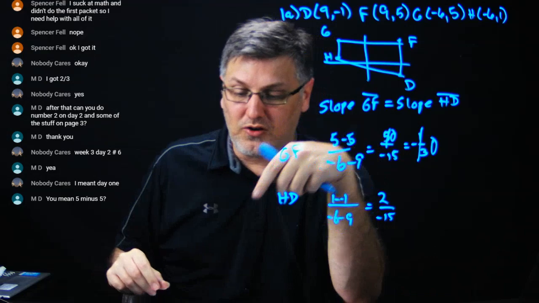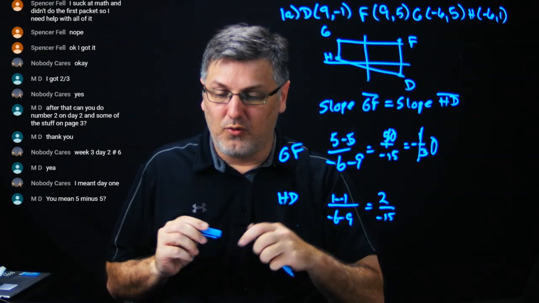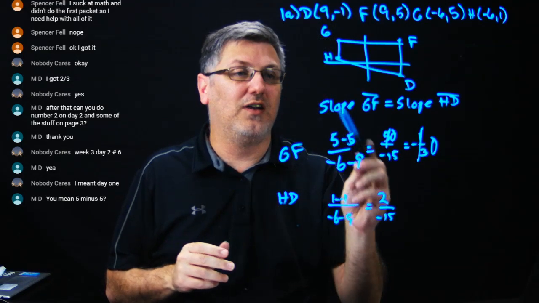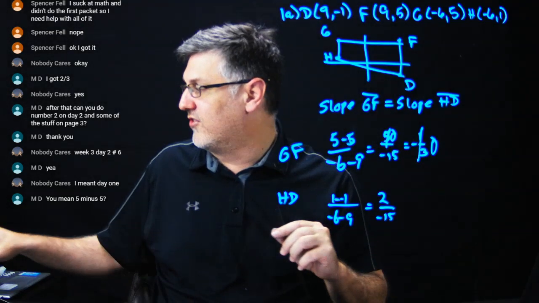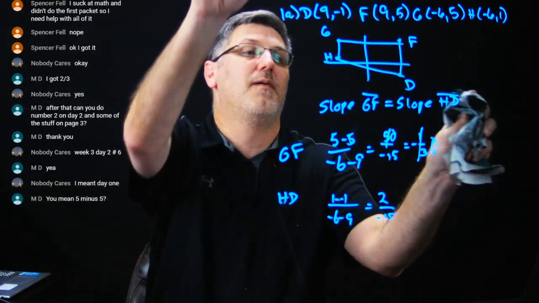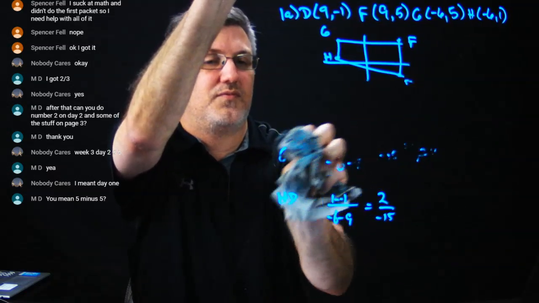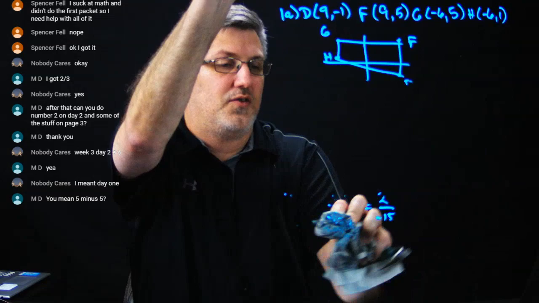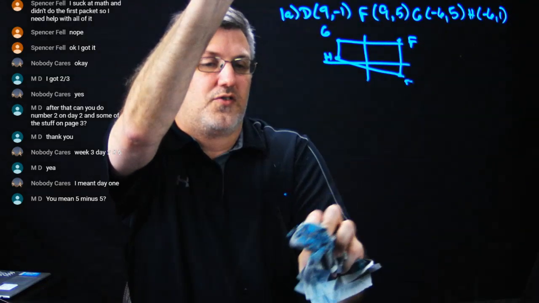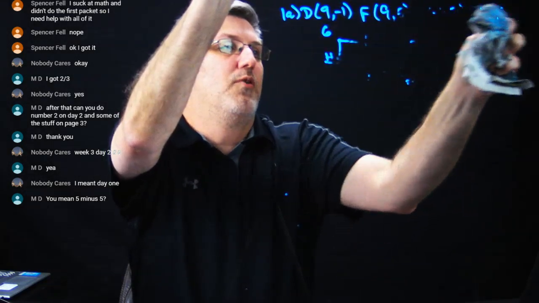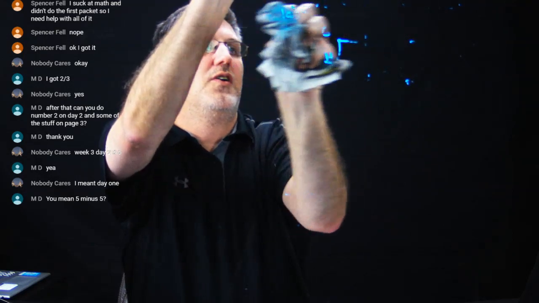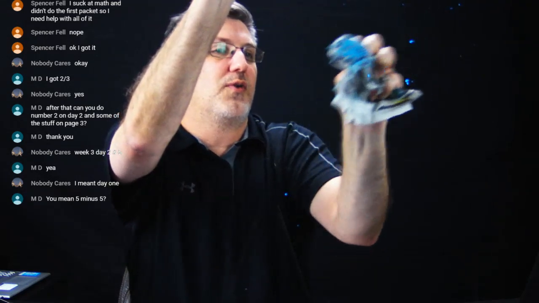rectangle. Now, if you look at the example, the one I give you is an actual example, and I'm going to erase this and give you the scenario of why we do the slope to see if it's a rectangle.